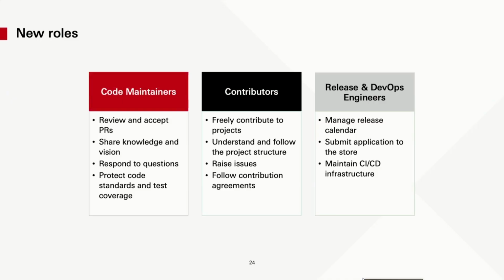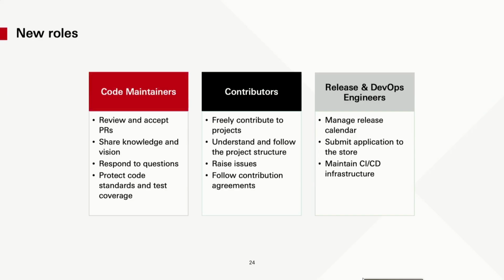And most important for him is to understand the project structure, its architecture, all underlying patterns, and follow them. What is more, whenever he finds a bug, he should instantly inform about this the community and most preferably raise the issue on GitHub. Contributors should also follow all contributing agreements, which will be discussed later.